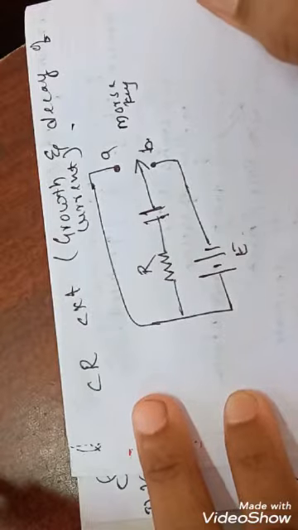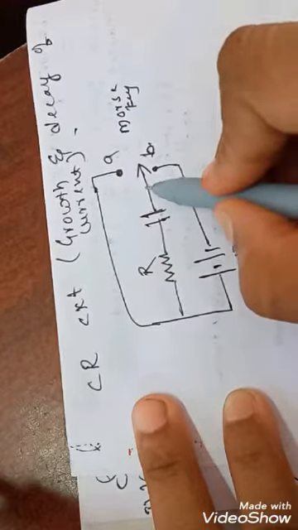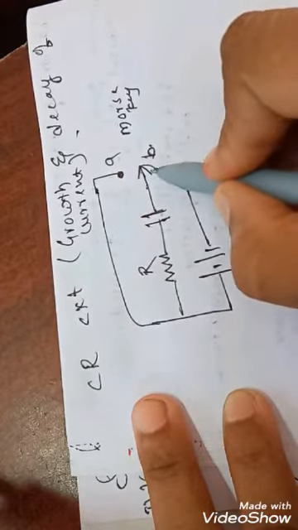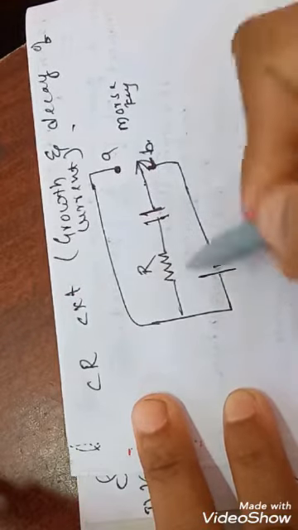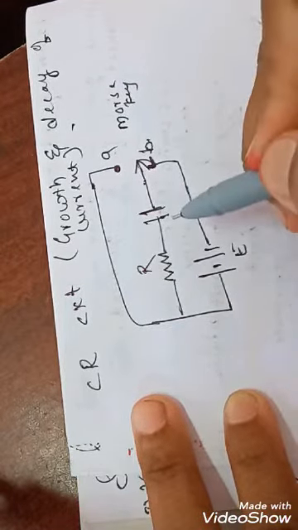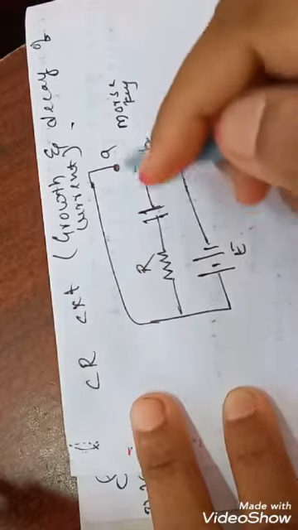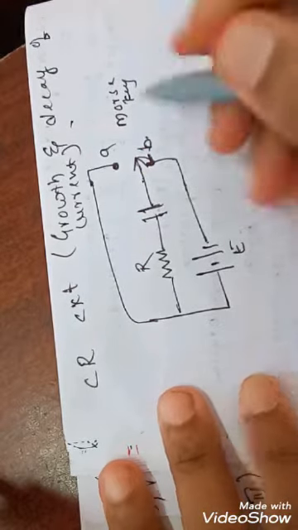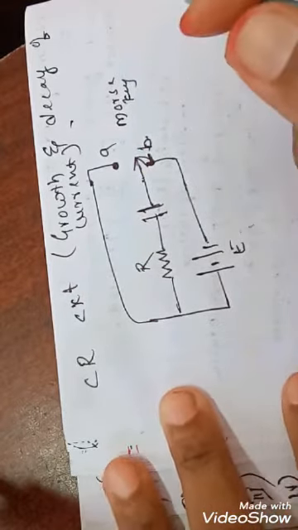Now, as we did in the last circuit, first we will connect this circuit, R and C, which are in series, to the battery.